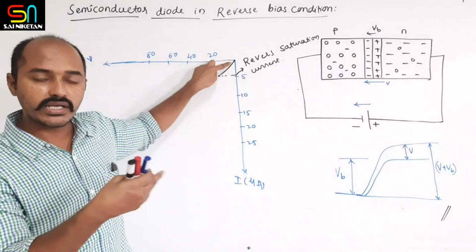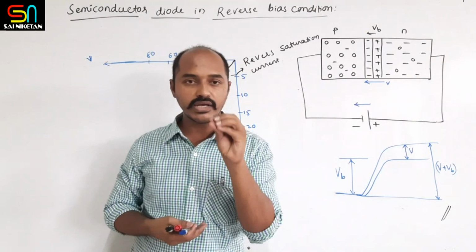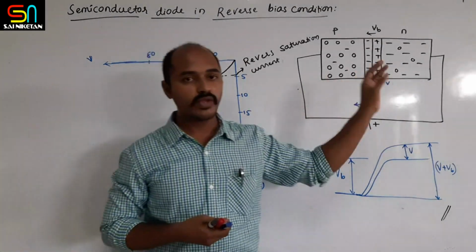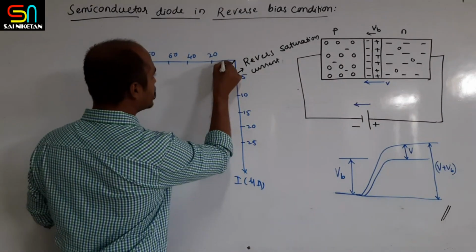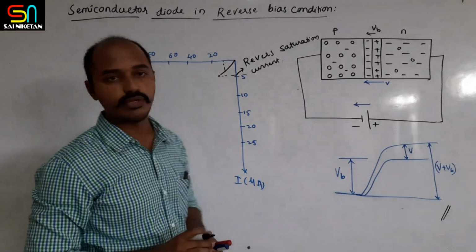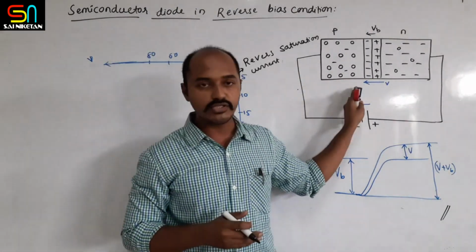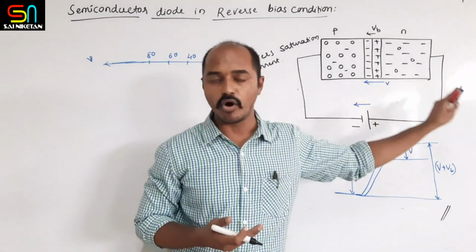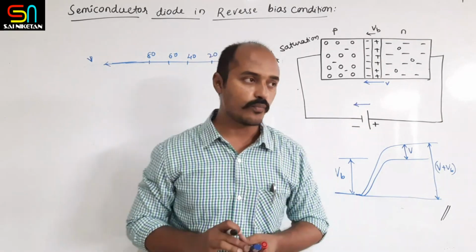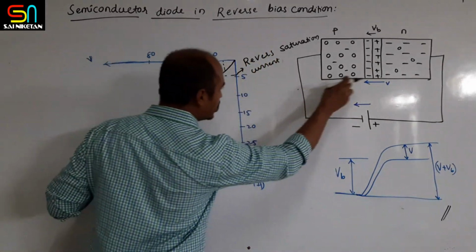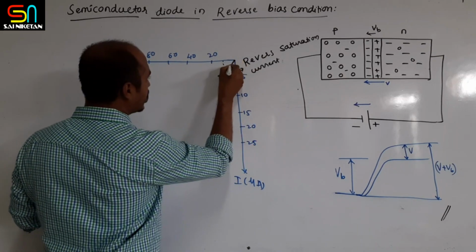As the voltage goes on increasing, let us say when it becomes 10 volts, 5 minority charge carriers cross the boundary and cause the current. Once it becomes 20 volts, all the 10 minority charge carriers cross the boundary and lead to current flow.